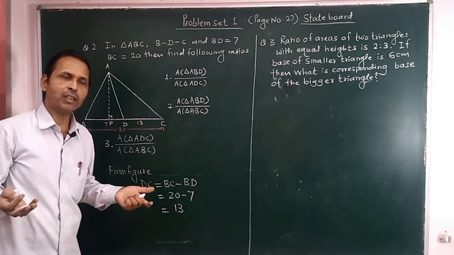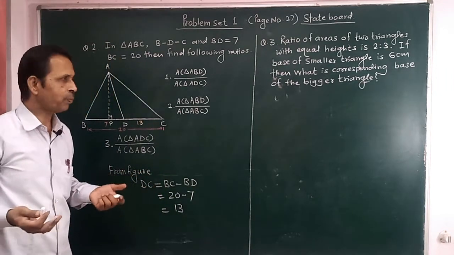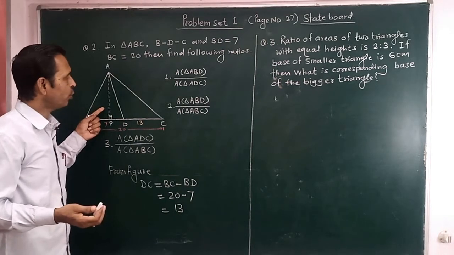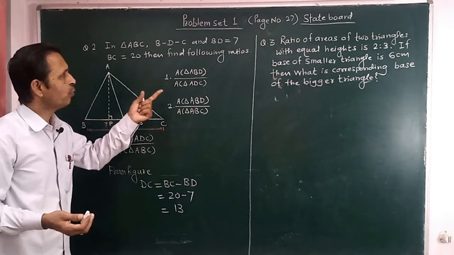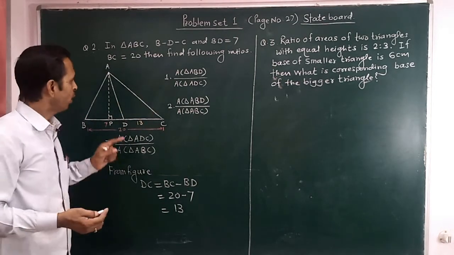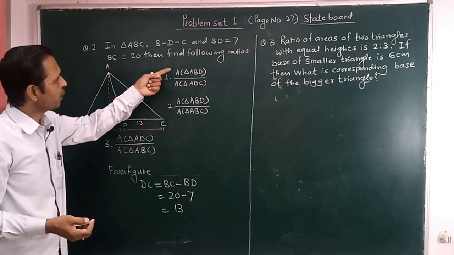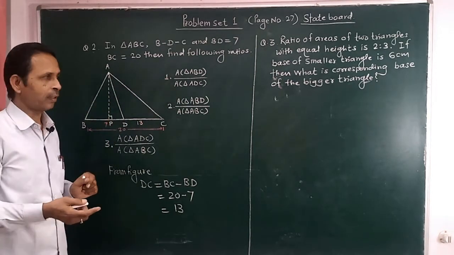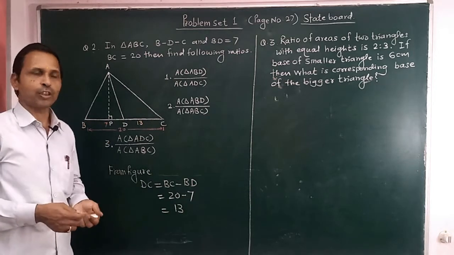and that's why we learned these properties of the triangle, and according to these properties we can easily find out the ratios of the areas of the corresponding triangles. Now let us see the first ratio.